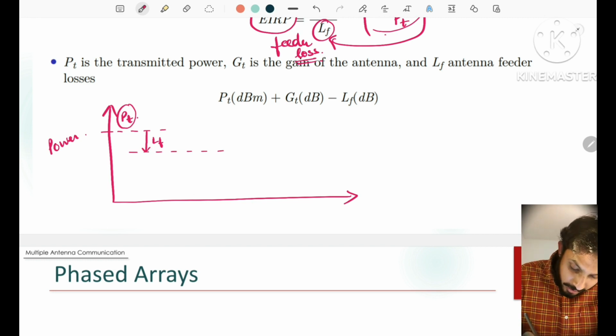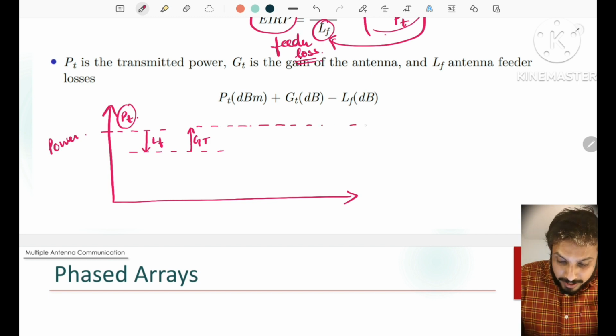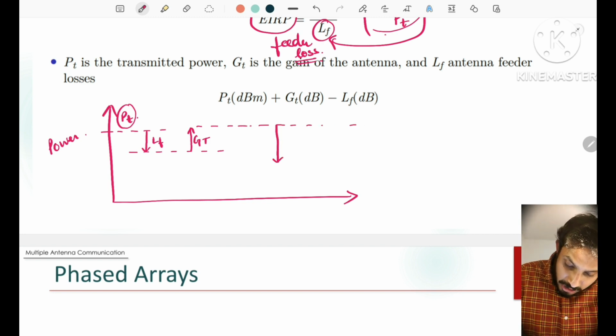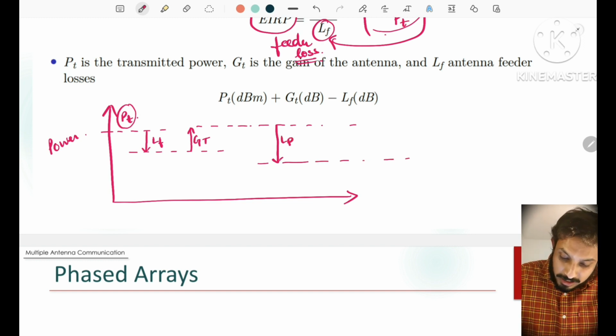Then we have the gain of the transmitting antenna, which increases the power. Then the signal will be propagated in the environment and we will have propagation loss, which reduces the power significantly. Then we have the gain of the receiving antenna, GR, which will improve the power.